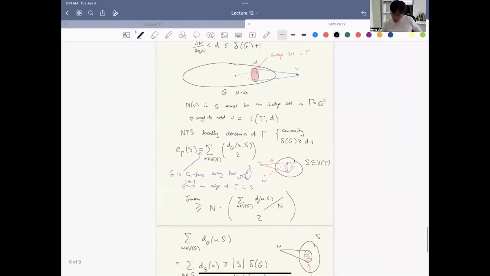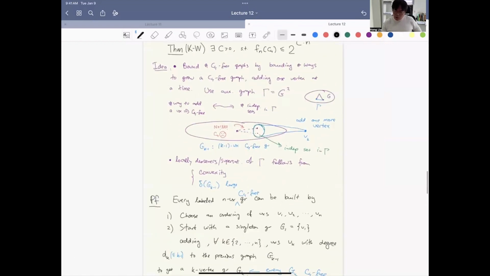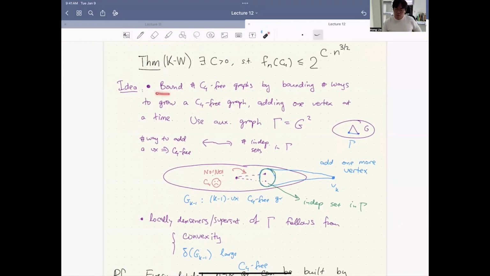Let's review the idea. The idea is counting C4 free graphs. To bound C4 free, we think of how we can grow one. We grow one by adding one vertex at a time. And we need to make sure every time when we add a vertex, we attach it to the previous graph and we don't create a C4. How do we not create a C4? Make sure that the neighborhood on top of which you're going to add this vertex does not have two vertices of distance 2 from each other in the current graph. Distance 2, now you build this square graph, making them adjacent when they are at distance 2.